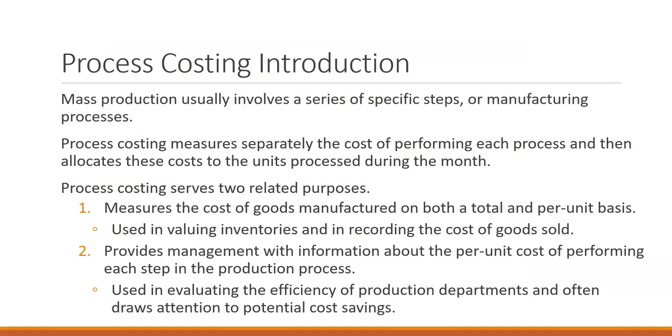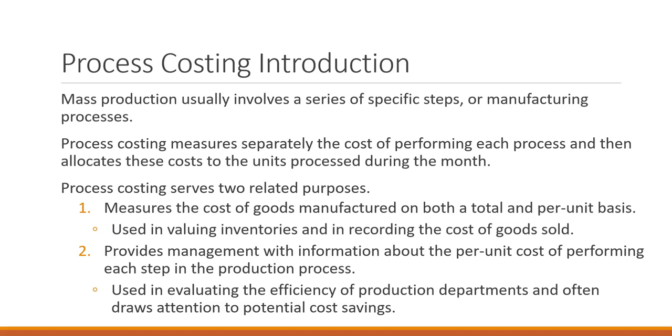When we're looking at process costing, we have specific steps in our manufacturing process. We look at each process individually. So we might have an assembly process and a packaging process. We're going to look at each process's costs individually.